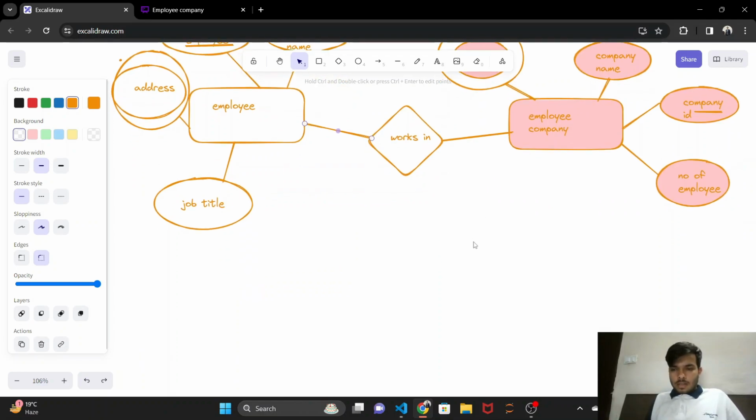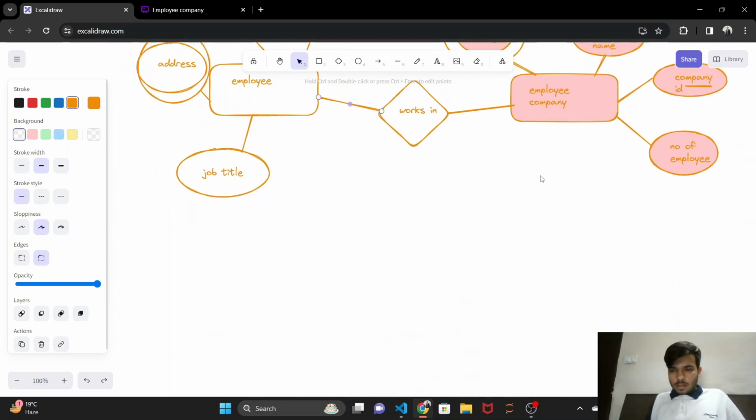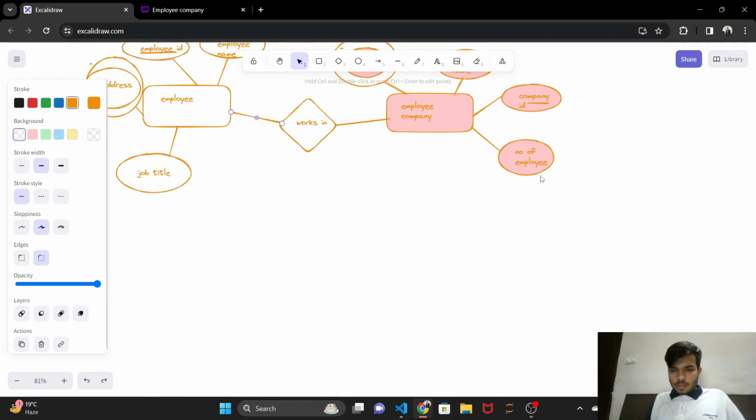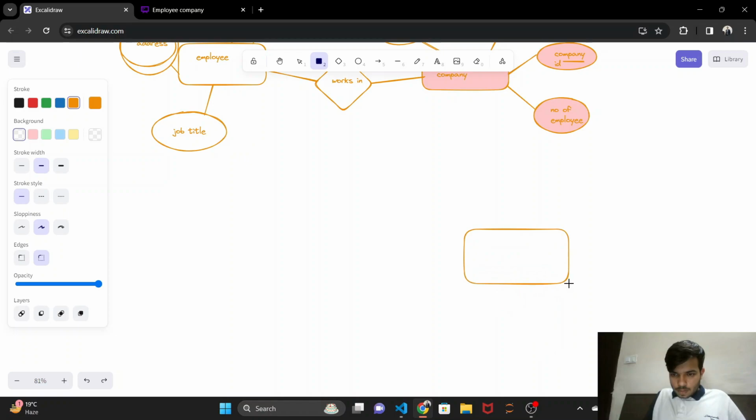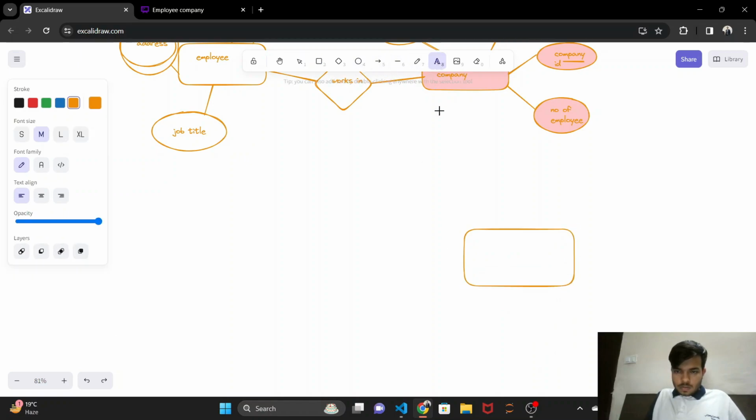So now let's make another entity with its attributes, that is loan department. So here we'll be having loan.